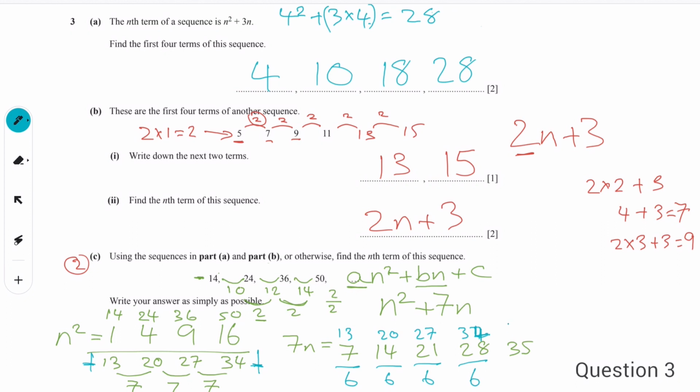So the next number really would be 41 there. 6, not that we need it. So basically, I'm going to add 6 to it to get my final answer there. So for part 2, n squared plus 7n plus 6 is that quadratic sequence there. Okay, and that would get us our final 4 marks.